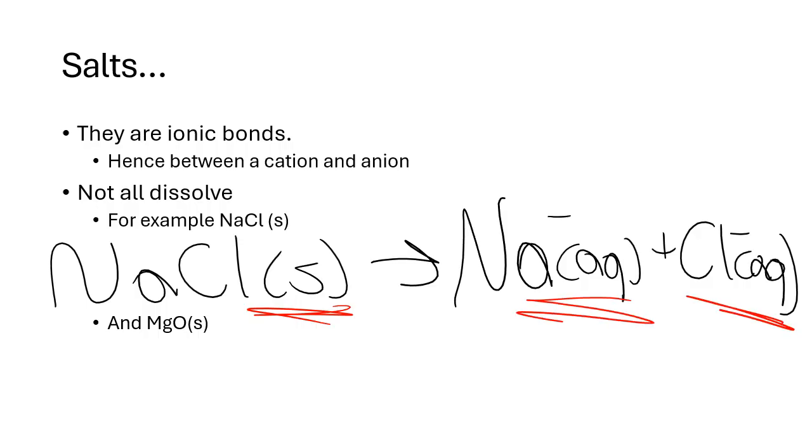But you did a lab earlier where you tried to dissolve MgO in water, see if it made a solution, and then if it made a solution, measure the conductivity. And MgO did not dissolve, and therefore had a low conductivity.